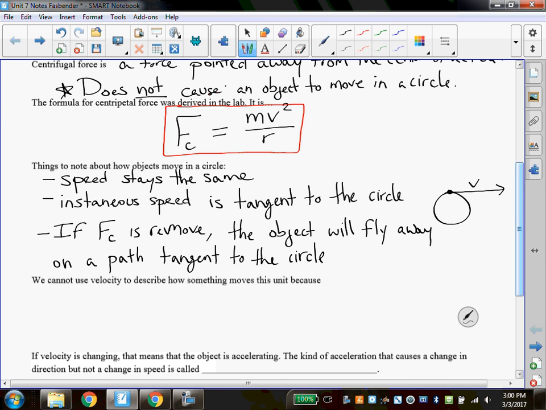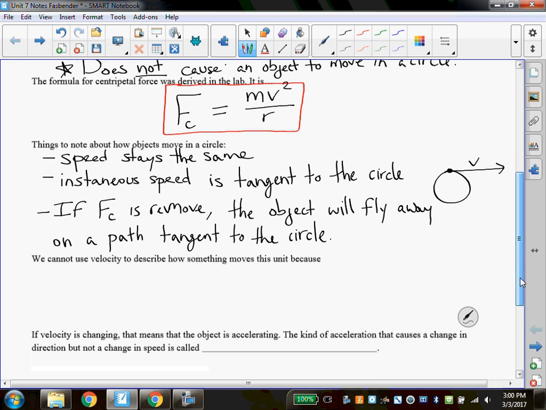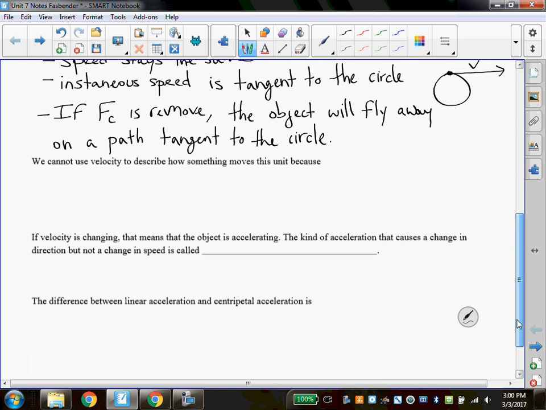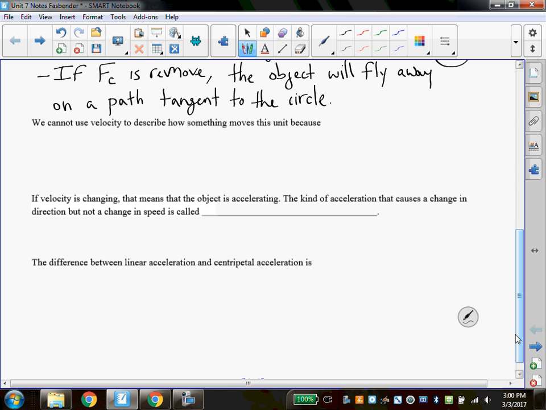Without that net force pointed towards the center of the circle, we will no longer move in a circle. Again, that net force is taken away. We know that our speed, actually our velocity, will not change without a net force. So that's why we fly on that path tangent to the circle.